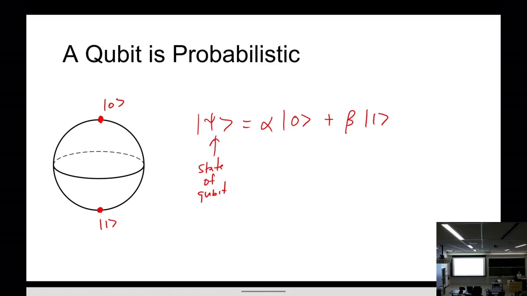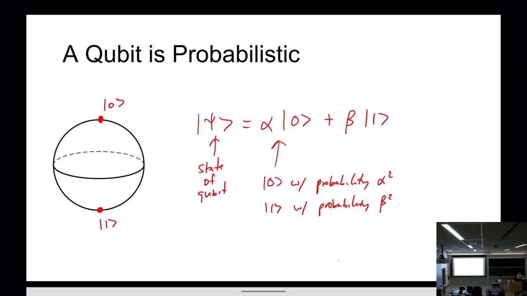We can't determine alpha and beta. Instead, quantum mechanics tells us that we can only learn something that's kind of more restricted about this qubit. When we measure it, we get either 0 with a probability alpha squared, or we get 1 with probability beta squared. And there's a normalization sort of requirement.